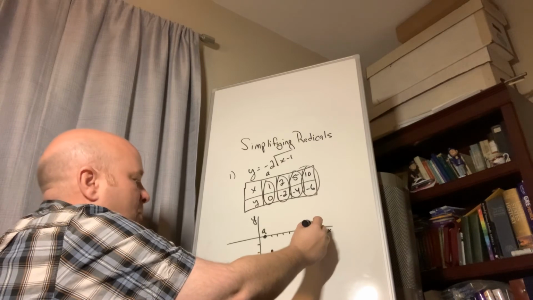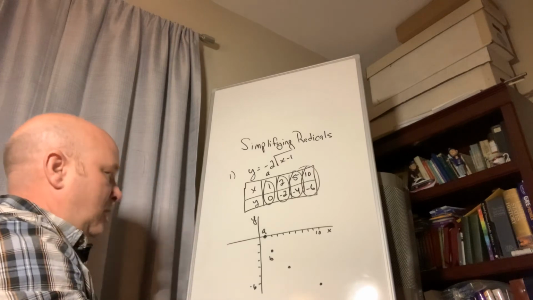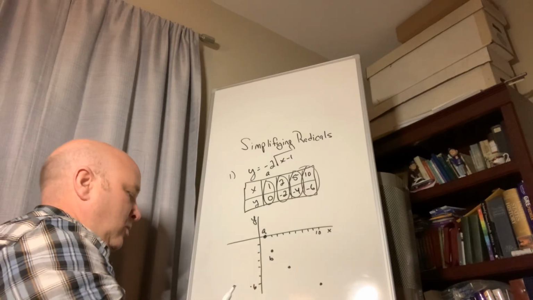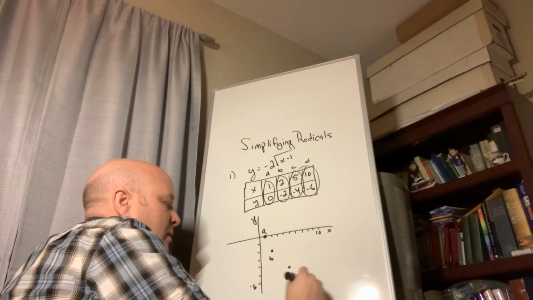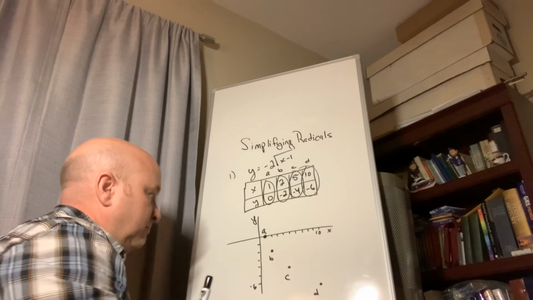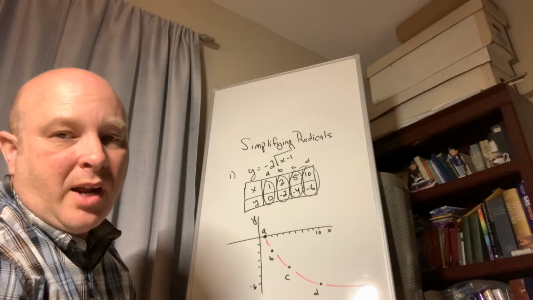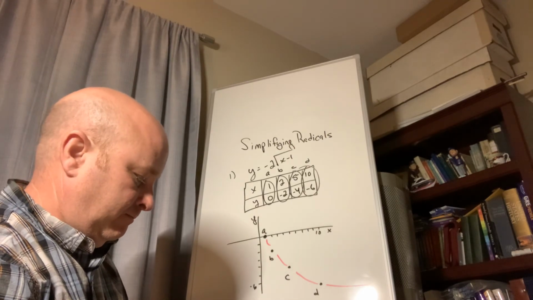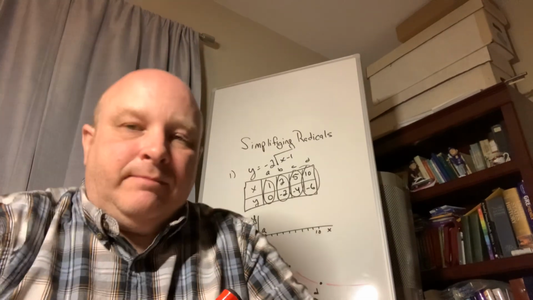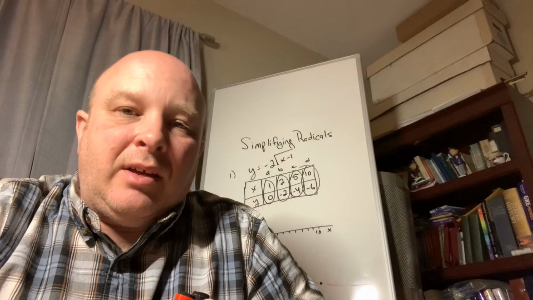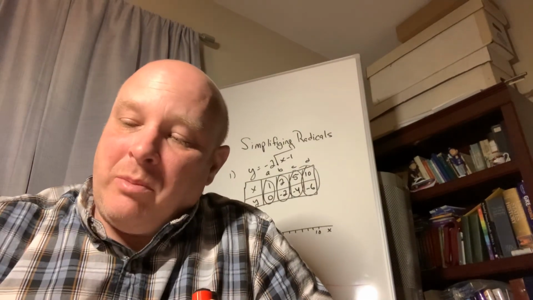And when x equals 10, y equals negative 6, which is down here. And these are points C and D. Here's my graph. All right, so anyhow, those are the worksheet problems with answers from yesterday.